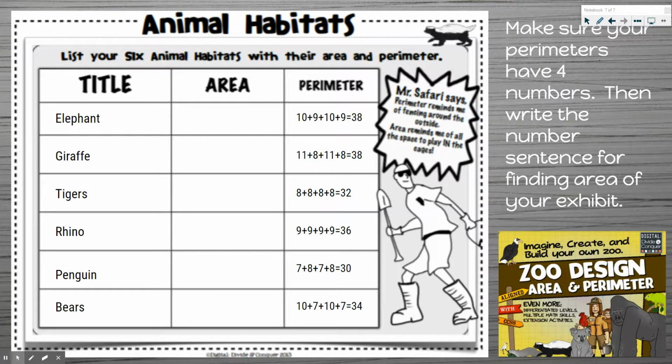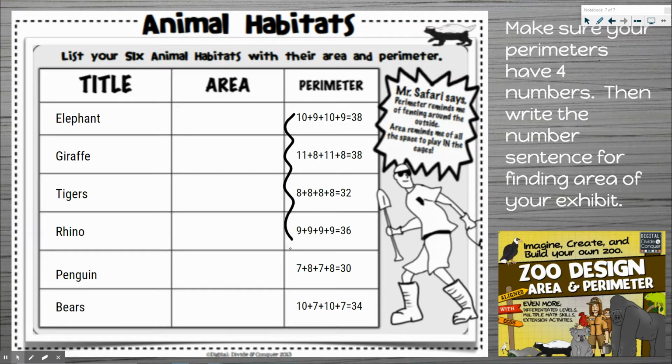And first of all, you're going to need to make sure that you have all of your perimeters done. In our groups, we've been talking about this, and we should be pretty close to having all of these done. If your perimeter number model does not have 4 numbers in it, then you're going to need to rethink what you've done. The other piece is today you're going to be finding the area of your animals.